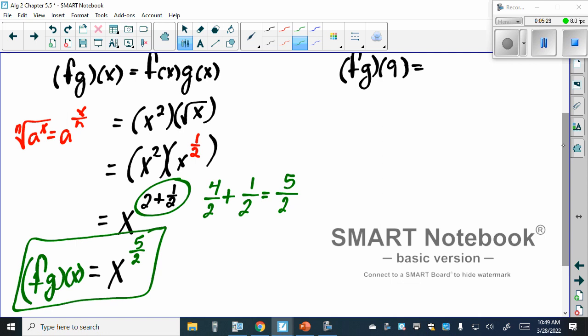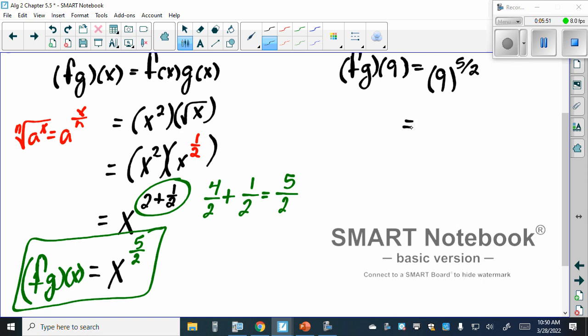But then we also needed to evaluate this when x is equal to 9. So we're finding f times g of 9. All we're doing is taking our x to the 5/2 and replacing x with 9.